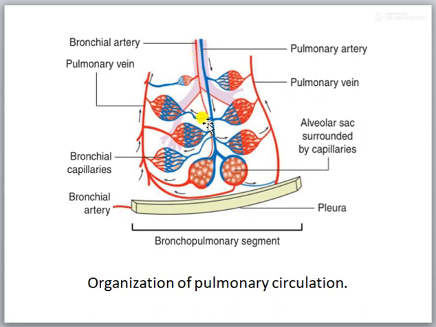This is the bronchial artery. It is the pulmonary artery. Pulmonary veins are there. These are the bronchial capillaries. It is the bronchial artery. This is the alveolar sac that is surrounded by capillaries.